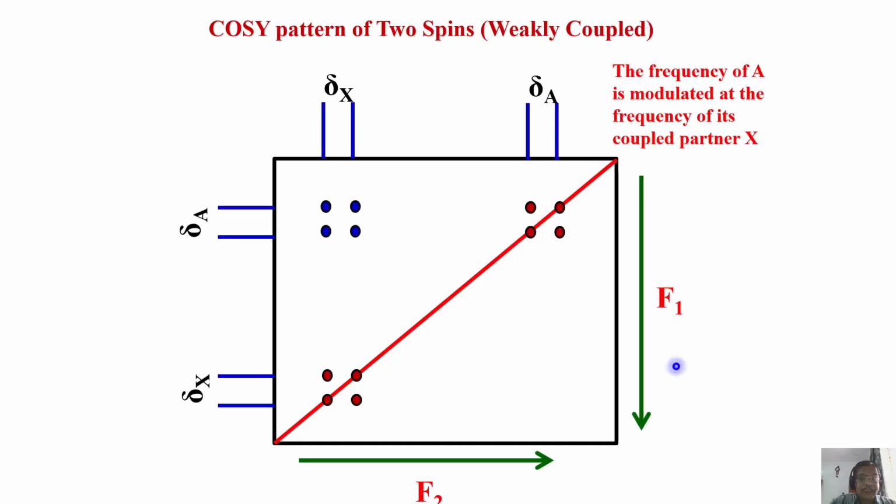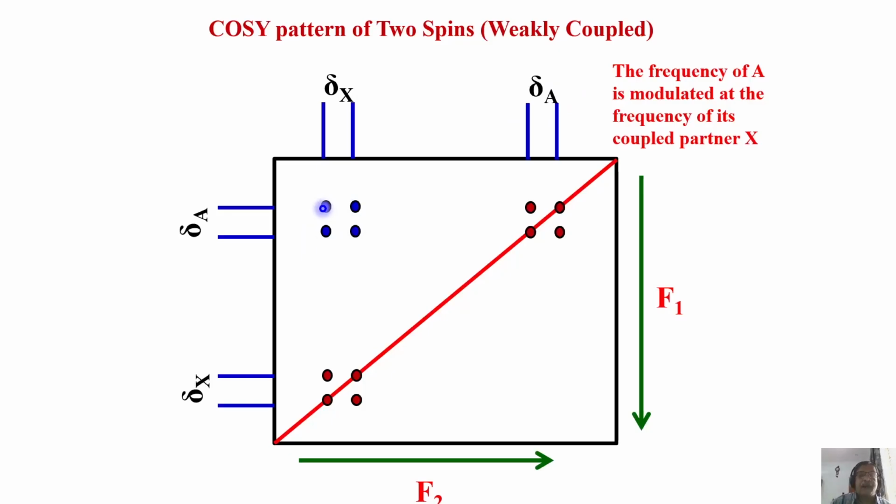So now at the frequency of A in the F1 dimension and at the frequency of X in the F2 dimension. Please understand, this is the frequency of X in the F2 dimension, and this is the frequency of A in the F1 dimension. So because it gets modulated due to the frequency of its coupled partner, A will give rise to a peak at X, at its coupled partner.